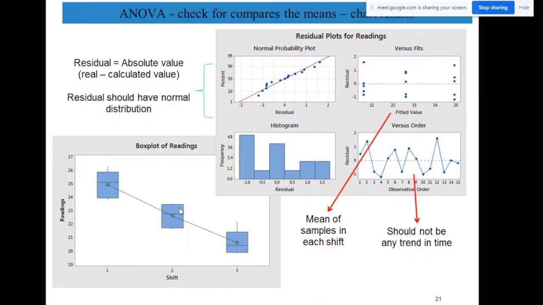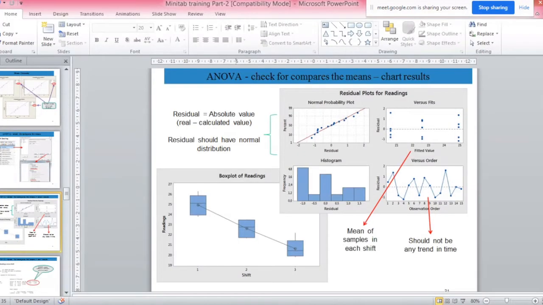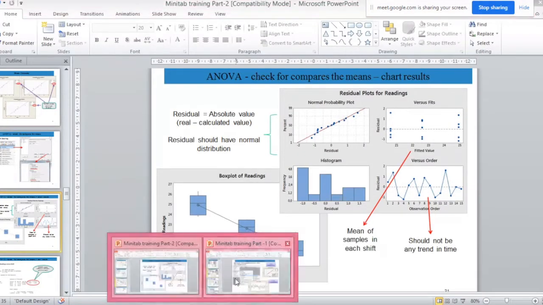Here we get the box plot, and from the box plot we can see that there is a mean difference in the shift. Now, how to read a box plot?